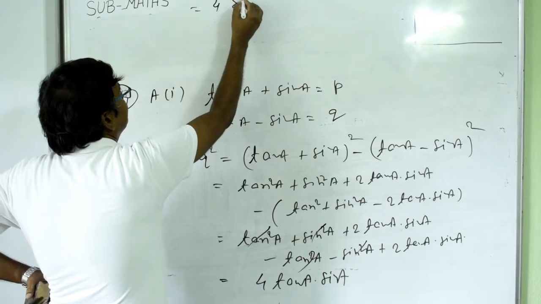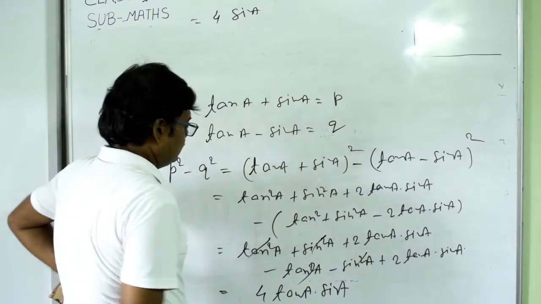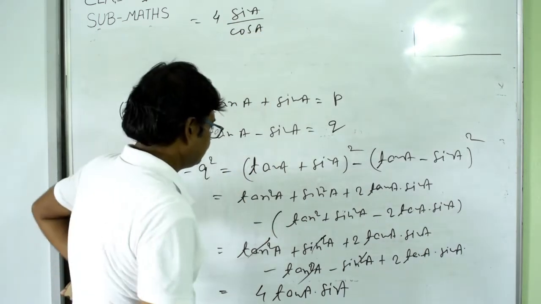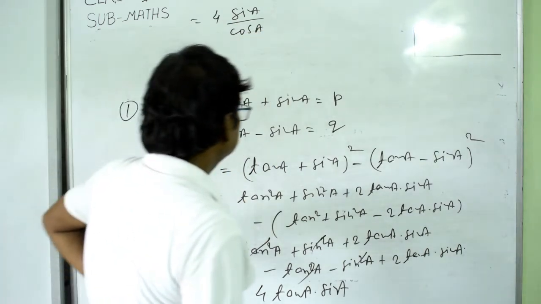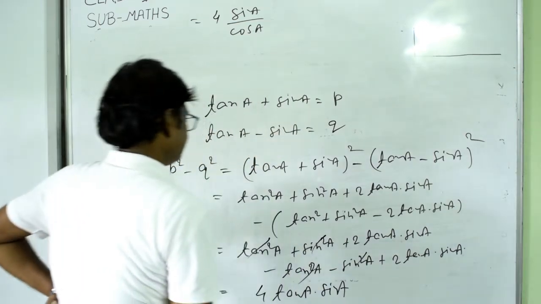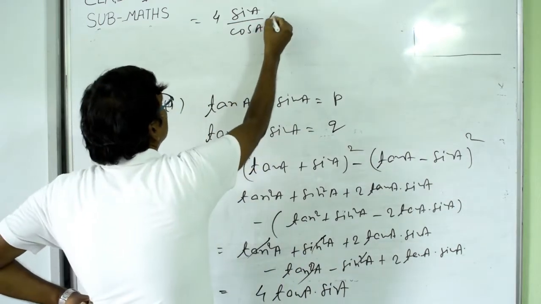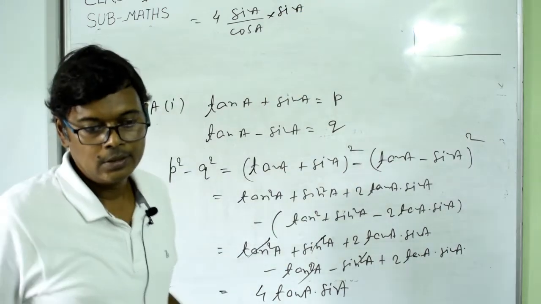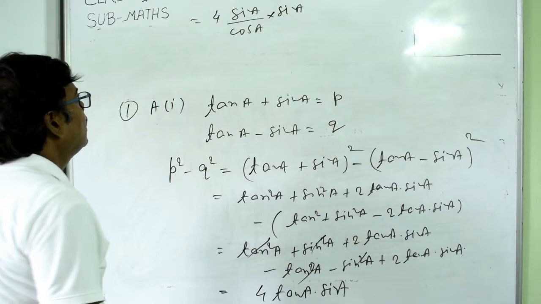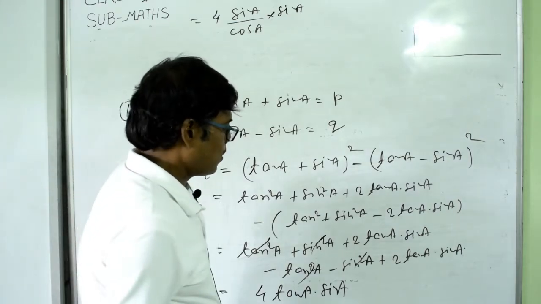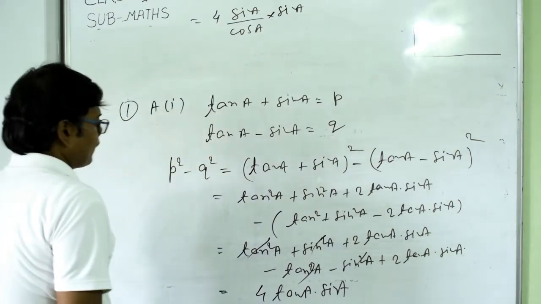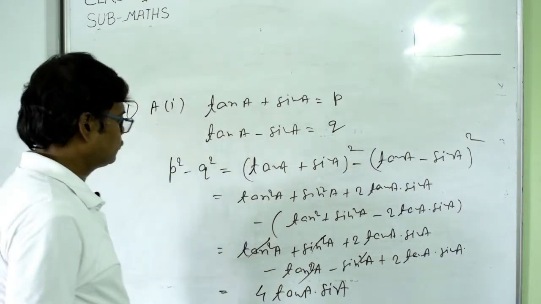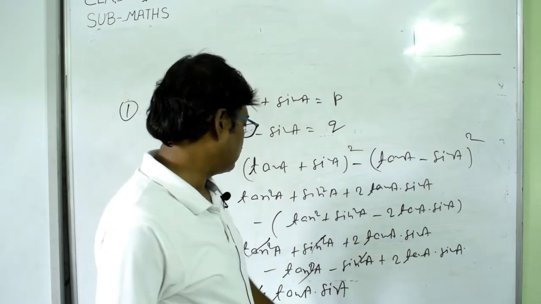Sin A by cos A into sin A. Because here we have to prove that this is under root PQ. So now you have this: 4 tan A into sin A.